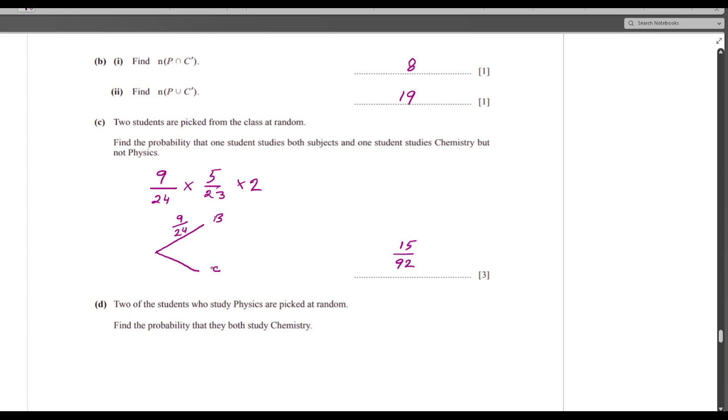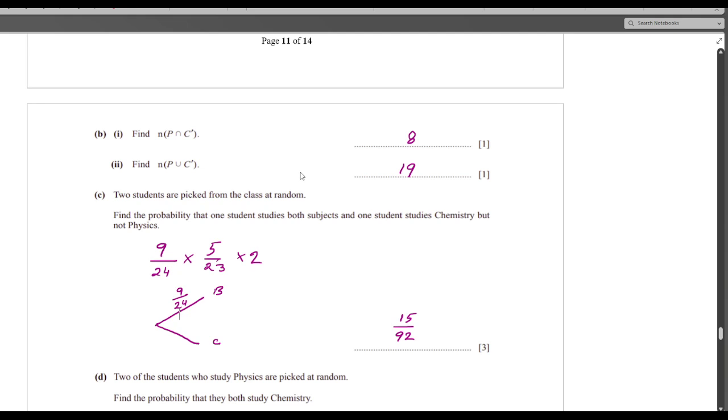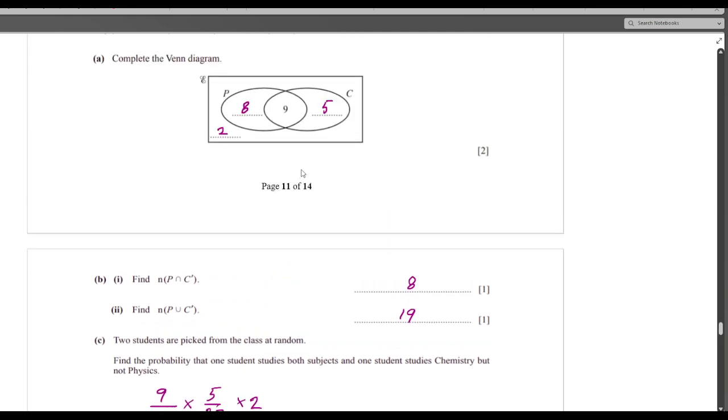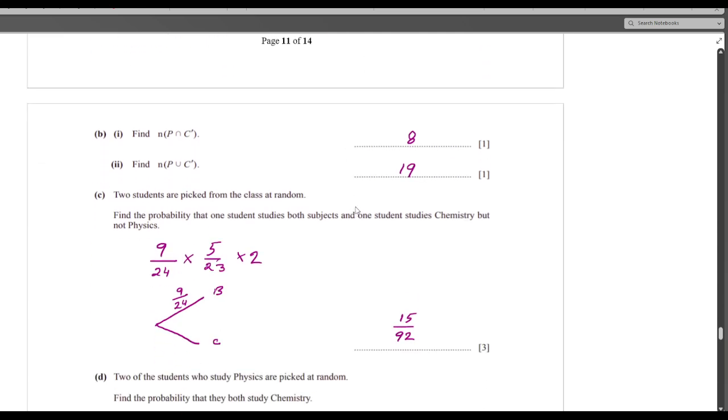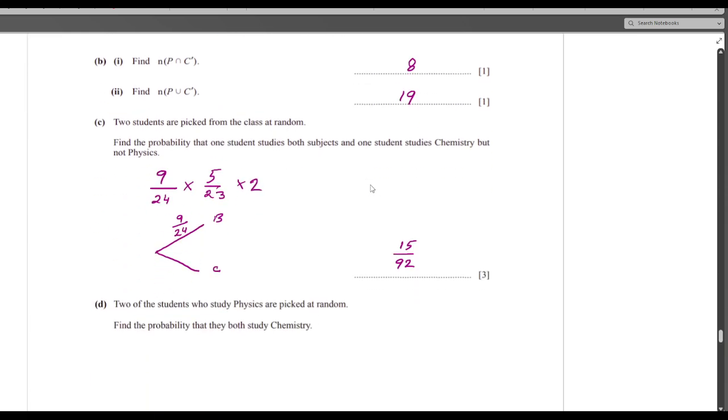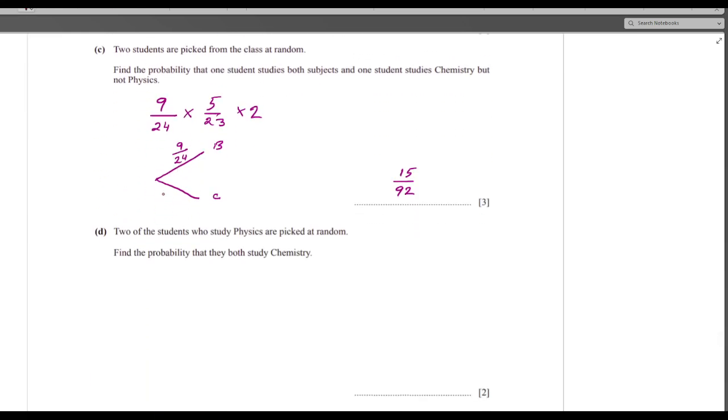When you are studying only chemistry, because here one is both subjects and one student studies chemistry, so for only chemistry, it is 5 divided by 24.